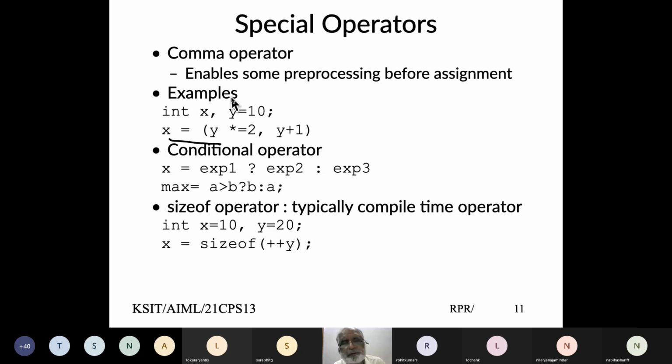There could be multiple comma operators. Make sure the comma operator expressions are in parentheses. So y gets multiplied by 2, so y becomes 20 here. Then 20 plus 1 is 21. Hence, x would be assigned the value 21.